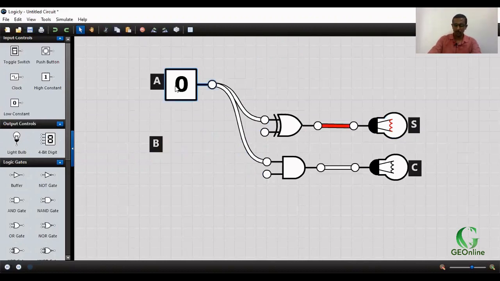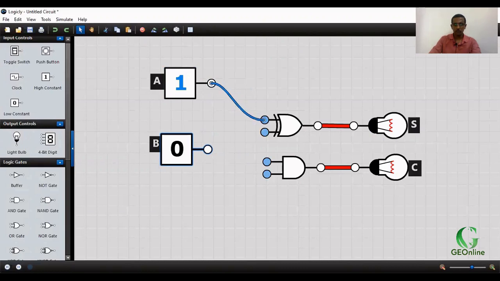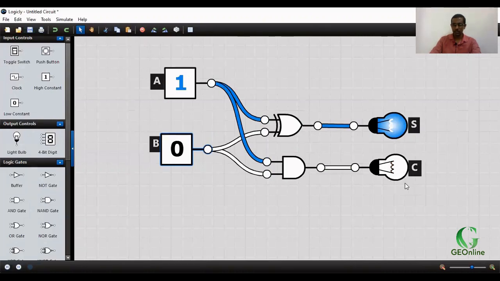Now reverse: 1 here and 0 here. So 1 plus 0, sum is 1, there is no carry, therefore this is in the 0 state.